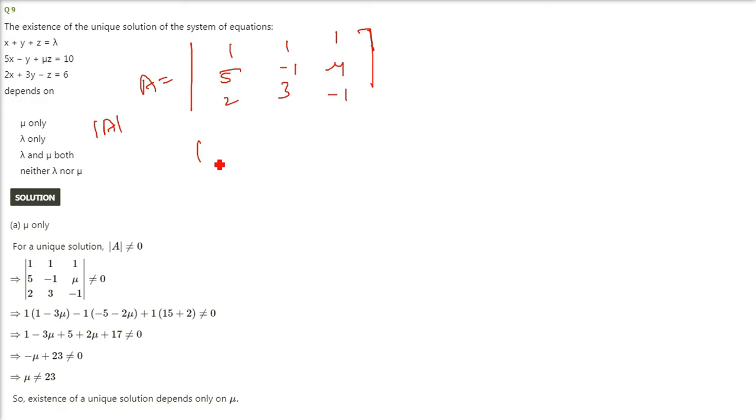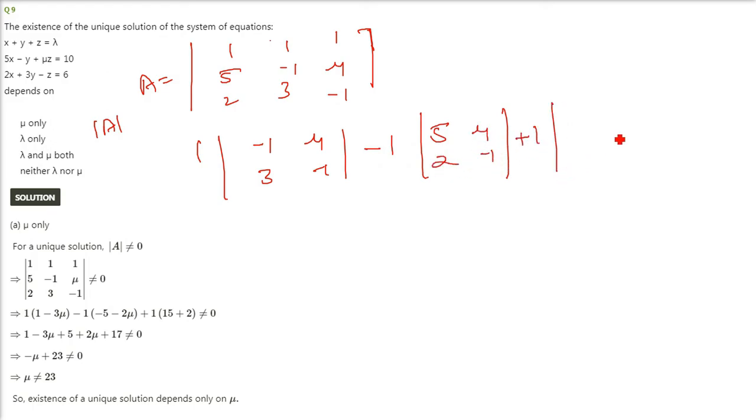What is determinant of A? I am taking the first row: 1, then the negative 1, and then 1. I'm just rechecking whether the values I've taken are perfectly alright or not. So we have 5, 2, mu, negative 1, then here 5, 2, negative 1, 3.